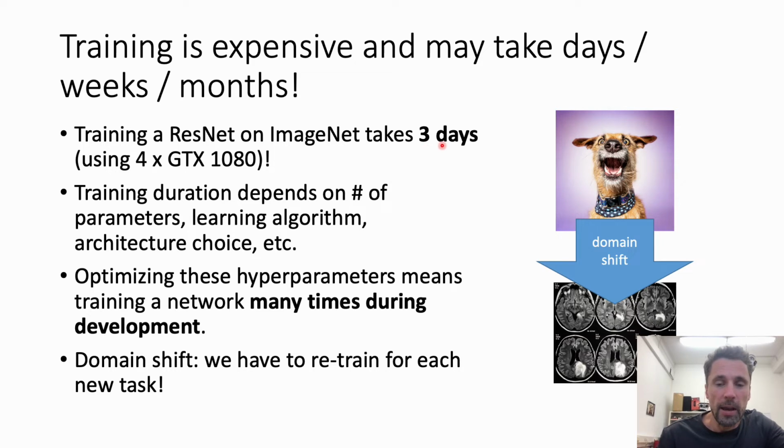So the energy consumption for the training procedure of modern models is significant. And obviously the training duration depends on many architectural choices, design choices, the learning algorithm, and the stuff that we just discussed. And that also means that optimizing these hyperparameters requires you to train a model over and over again for different settings of these hyperparameters, right?